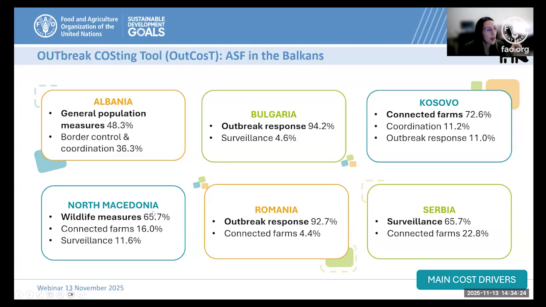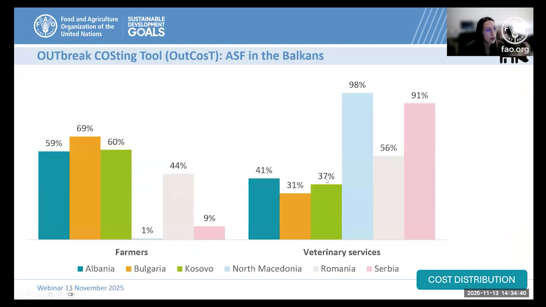Then in North Macedonia, you can see that the majority of cost was for wildlife measures. And finally, in Serbia, it was mostly related with surveillance. And if we look at who paid what, you can see a lot of difference here also.